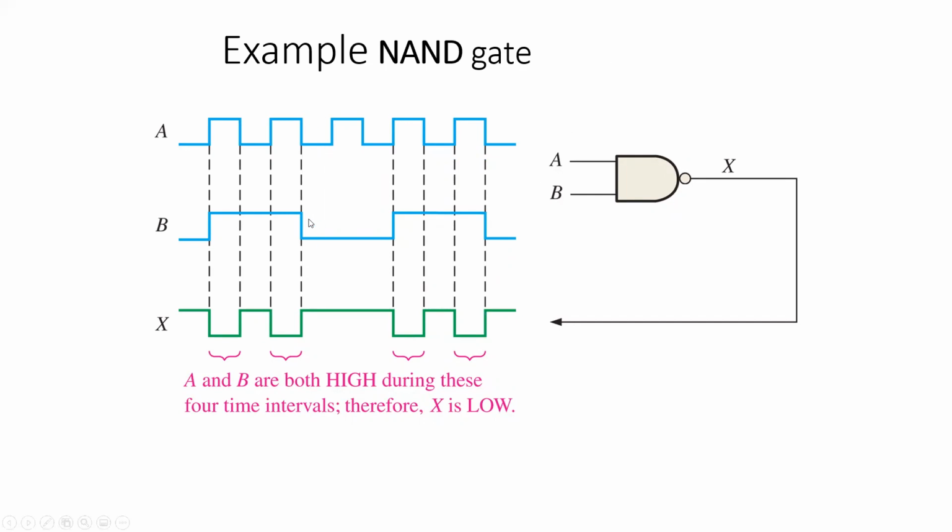A is low, B is low, which means output is high. A is high, B is low. Well, looks like we're still high. A is low, B is low, still high. And it's not until both the inputs are high that we have an output that is low.